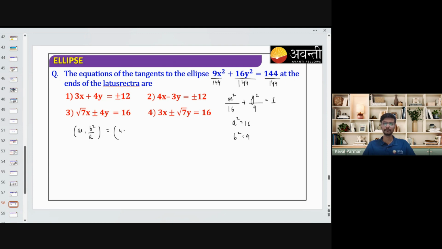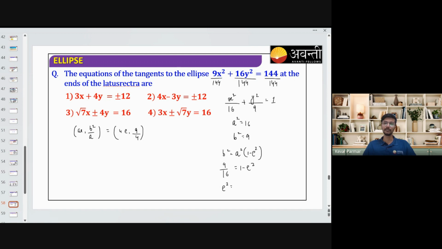So the coordinates will be 4e comma b square by a, which is 9 by 4. Now we need e. How to get e, guys? b square is equal to a square into 1 minus e square. So 9 upon 16 is equal to 1 minus e square.